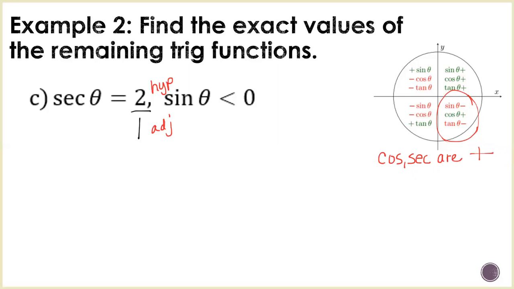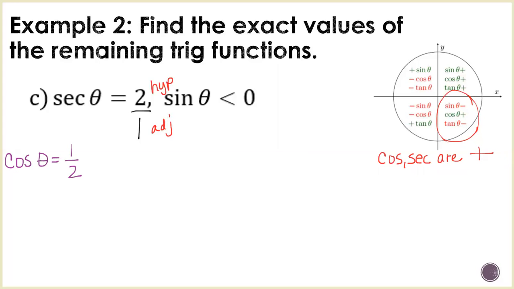All right, so the easiest thing we can find is cosine. So we can just do that one, get that over with. Cosine of theta is the reciprocal of secant, so it's just going to be 1/2. And that's the only thing we can find without doing the Pythagorean theorem, because we need to know the opposite. The other 4 ratios, we need to know the opposite.